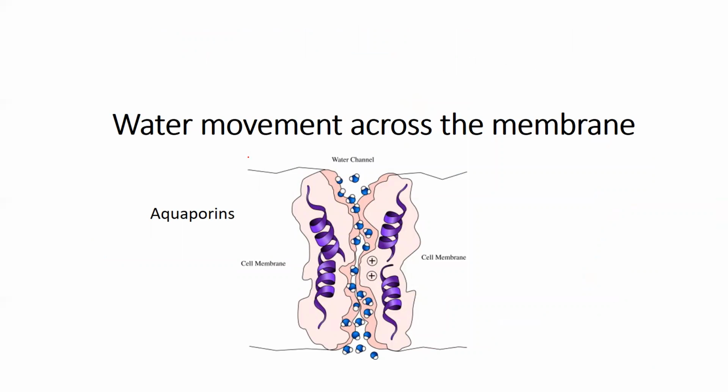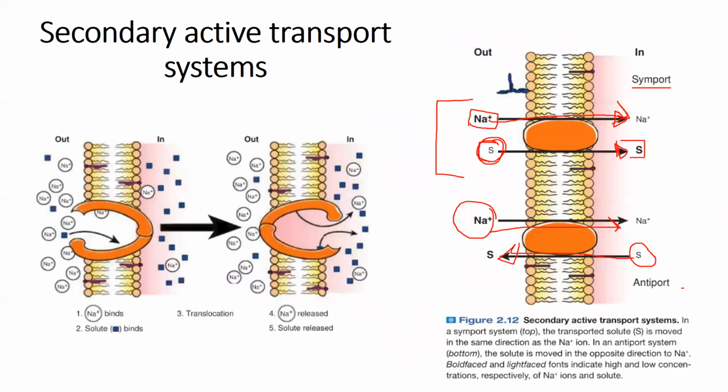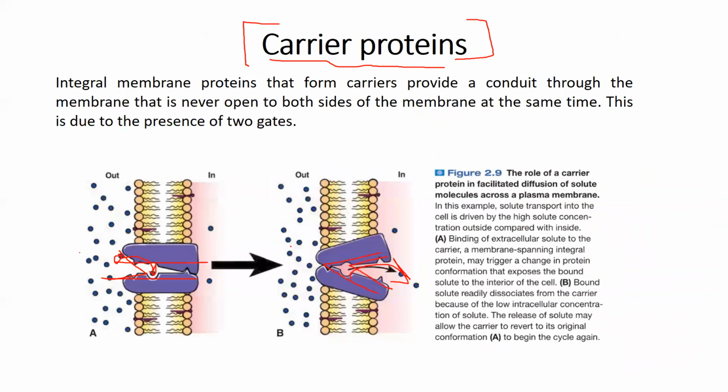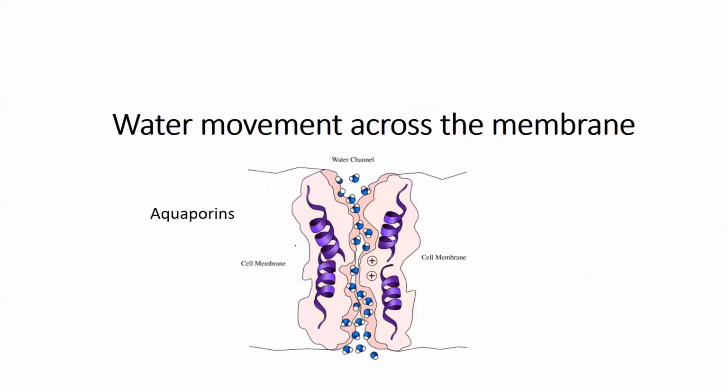So this was on the different transport of ions and molecules. Now we'll focus on the transport or movement of water, okay? And so the movement of water is given a different name. It's called osmosis, okay?